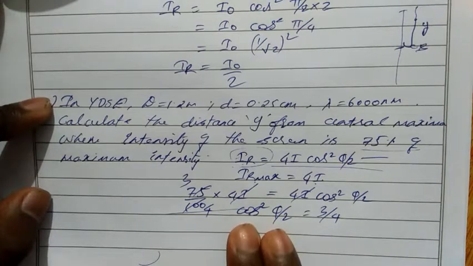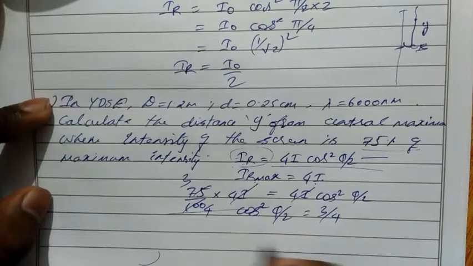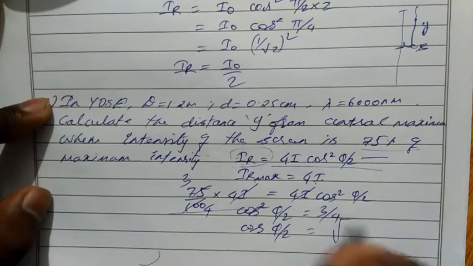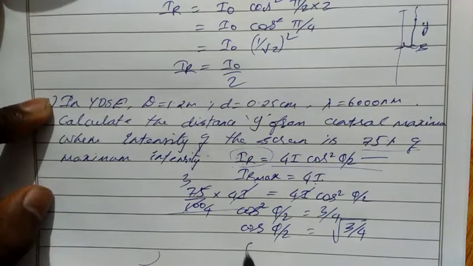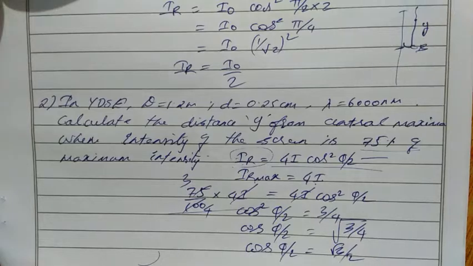Here we have square, so the square goes to the right hand side, it will become root. We take cos phi by 2 equal to root 3 by 4. Then further we can write cos phi by 2 equal to root 3 by 2, if we take 4 outside the root, it will become 2.